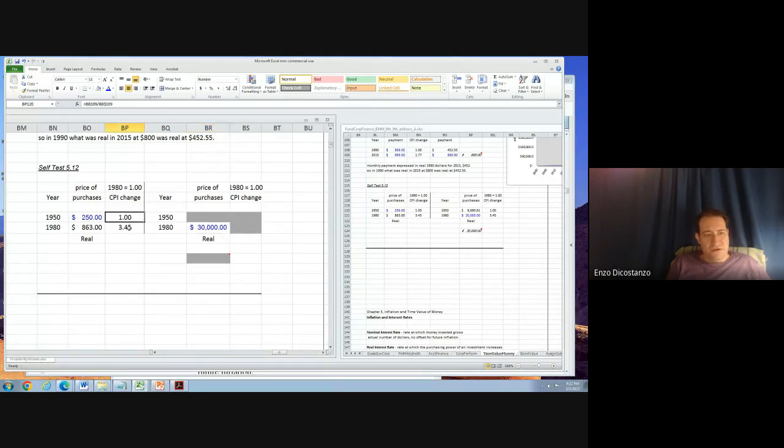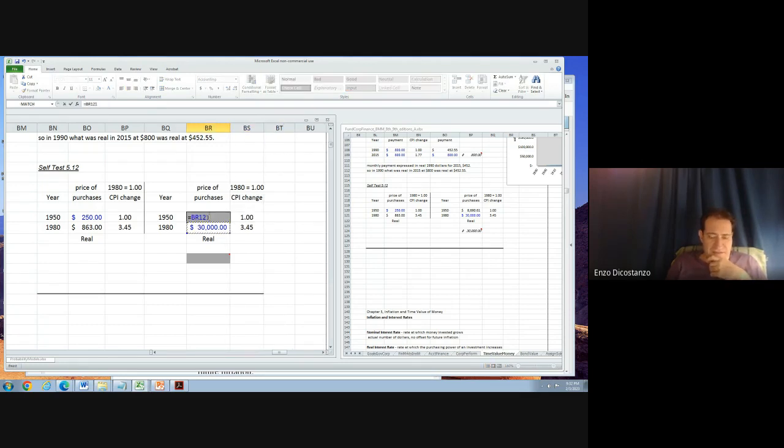So you're here, 109, and this is 469. You have the same CPI change that you had previously, and you want to figure out how this grew. What you would do is take this and divide by that, which is that. And then we did some kind of check here. We took this times the 345 and got the 30,000.